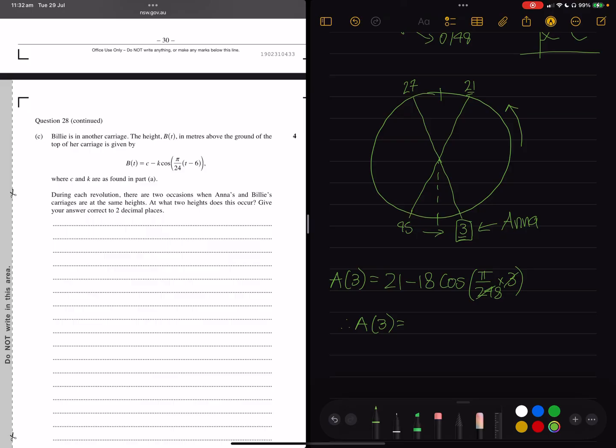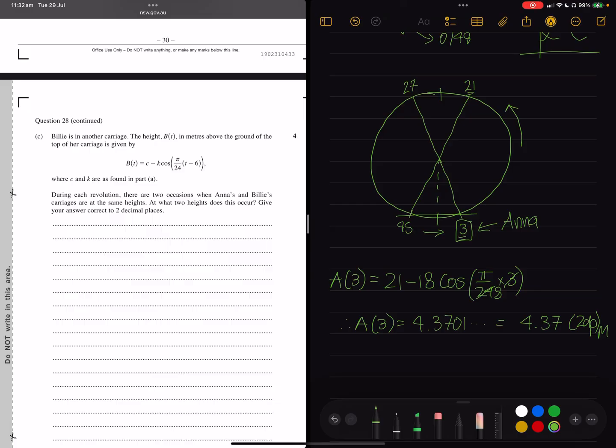My calculator is telling me that this is 4.3701 dot dot dot. So this is the first height where they are both at the same level. And to 2 decimal places, this is 4.37 meters.